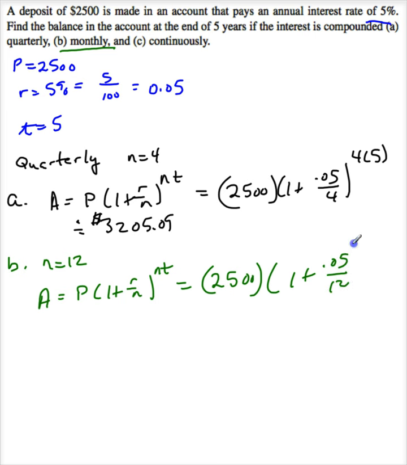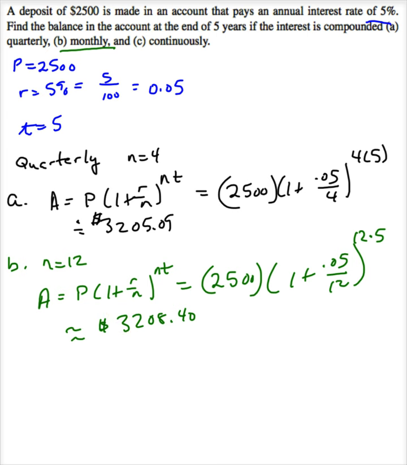So N is 12. And the time is the same. So I'm going to get about $3,208.40. All right, so I'm going to make a little bit more when it's compounded monthly.